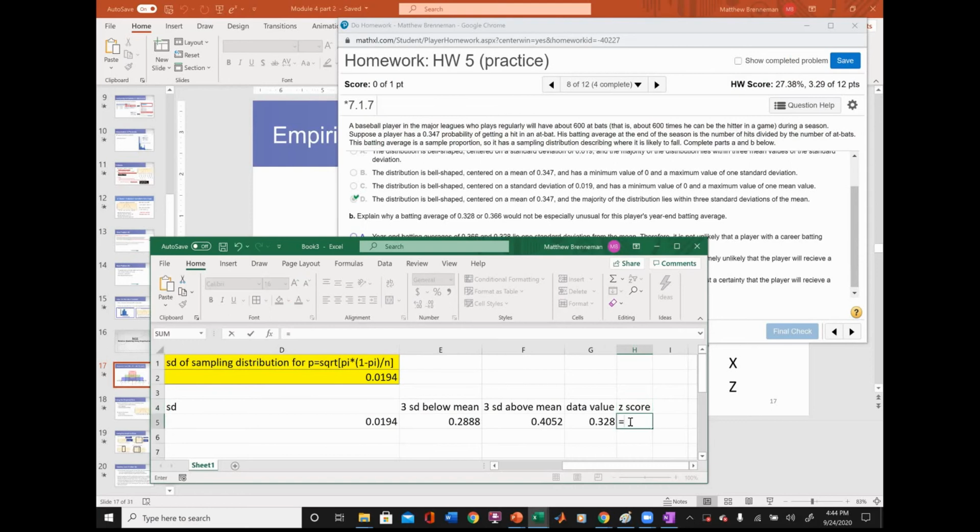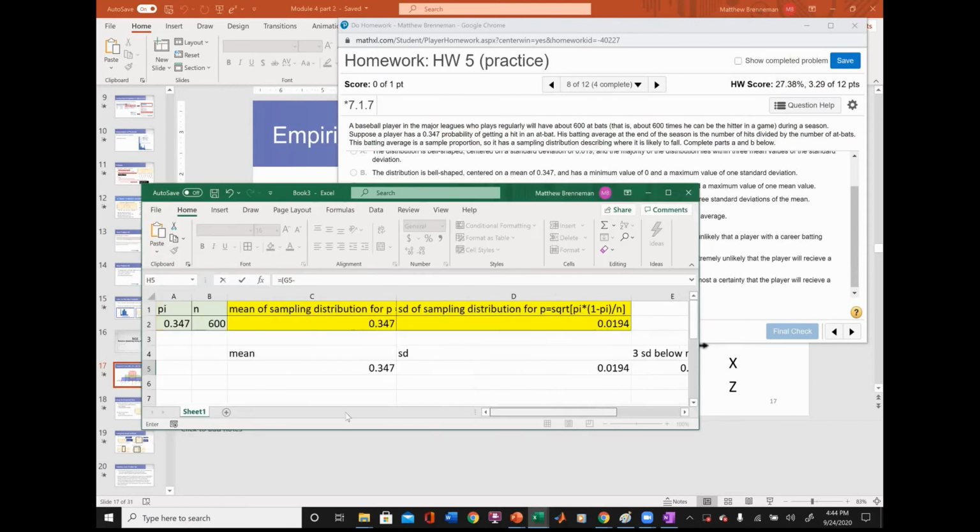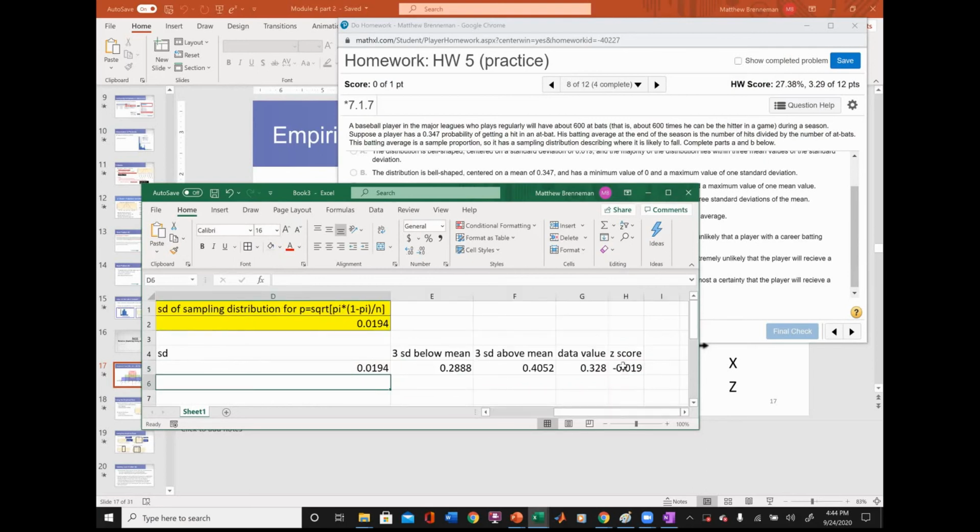So the z-score tells me that I take my value, subtract it from the mean. Oops. I'll go ahead and click on it really quick. And then divide by the standard deviation.